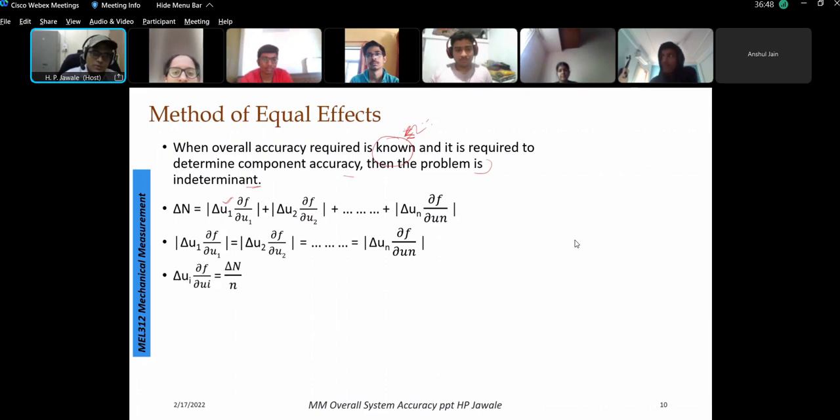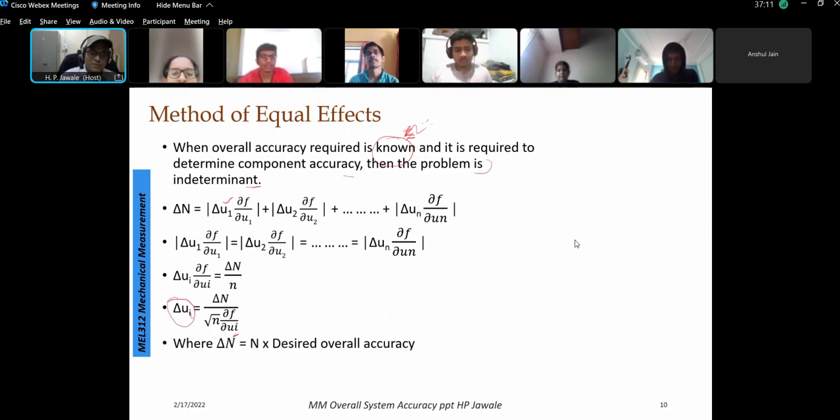So what we do here is we go in the reverse fashion. We allocate the error and then we find the uncertainty that is permissible in that particular entity measurement by using this equation, del n over root of small n, and then the partial derivative of the function with respect to that particular entity under measurement.